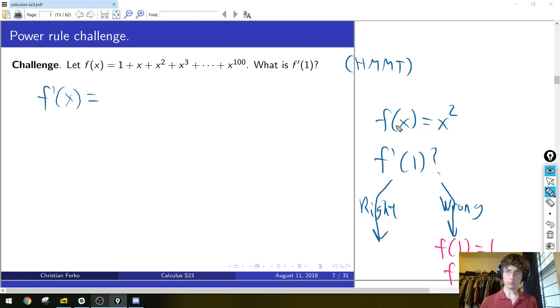The right way is you say, well, the derivative of x squared by the power rule is this thing about pulling down the exponent. So f prime of x is 2x, and then I plug in the particular value x equals 1. So I get f prime of 1 equals 2. So in fact, 2 is the correct answer, and 0 is not.